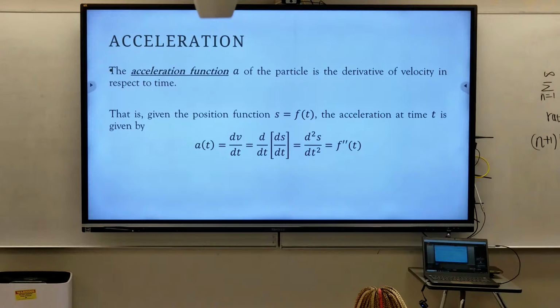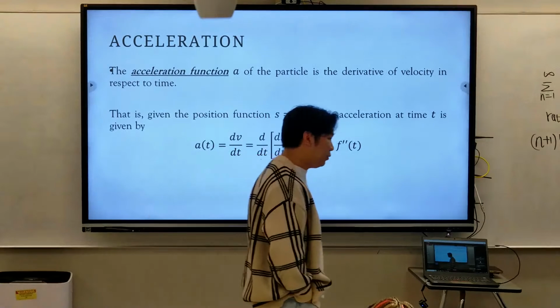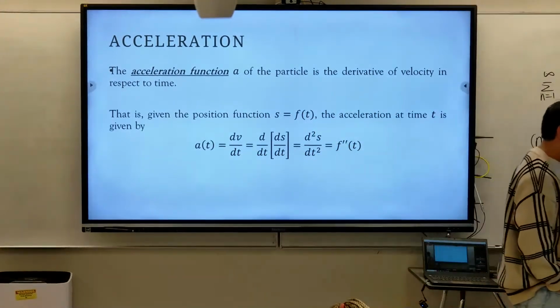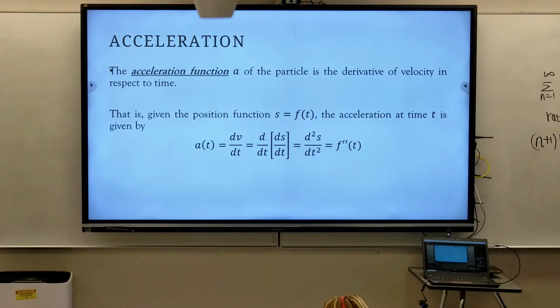So far we've really introduced four concepts: position, velocity, speed, and acceleration. All are closely related to each other. One thing I will note is that all of our theory here is based off whether we know the position or the velocity.